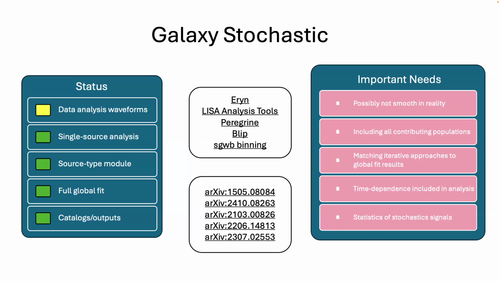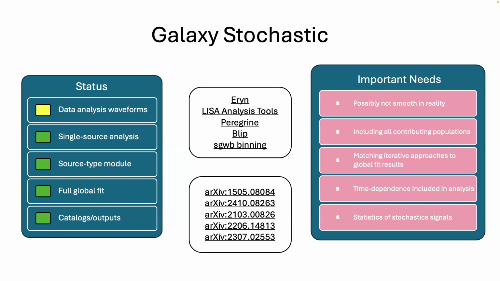Right now, we do estimate a lot of our global fit results from an iterative approach. And what I mean by that is, getting a stochastic signal out of a population of single sources is inherently a global fitting problem.